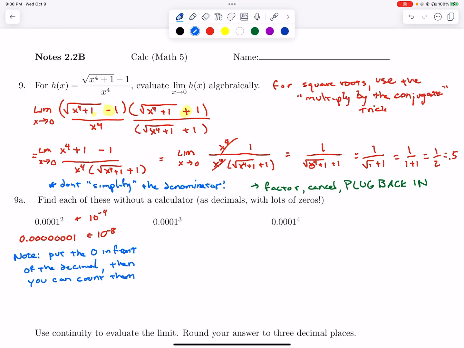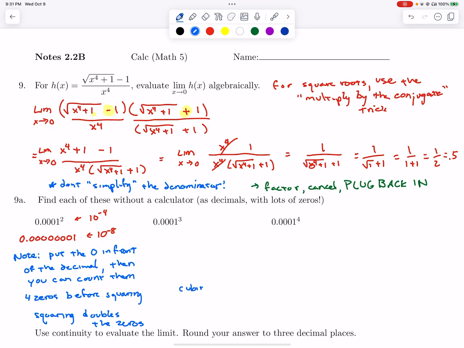And then also notice that 4 zeros before squaring doubles. So squaring doubles the number of zeros. What do you think cubing does?